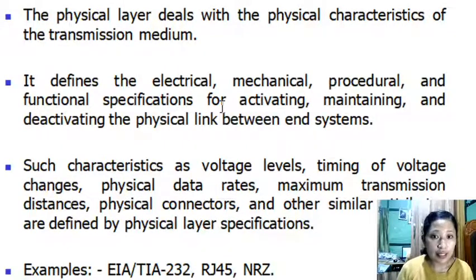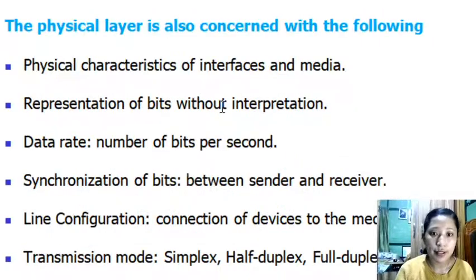These are the things the physical layer is responsible for managing. Some of the very important functions of the physical layer are, first, it defines the physical characteristics of the interface and the media. What type of transmission media can be connected, and what type of interface or port can be used, is decided by the physical layer.